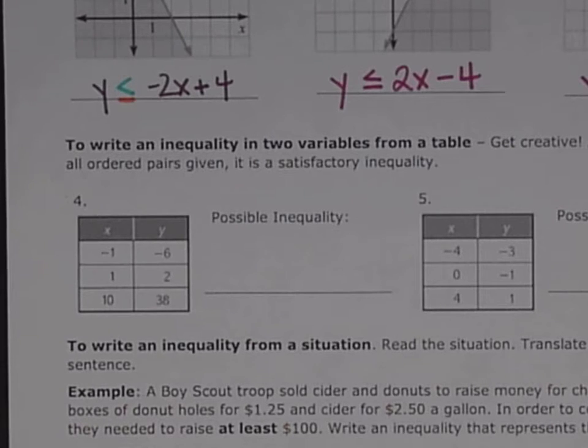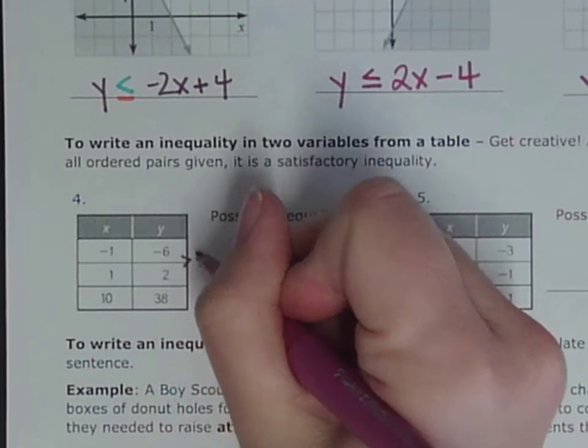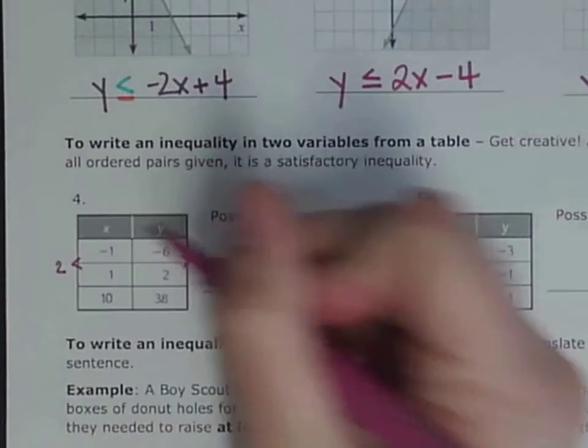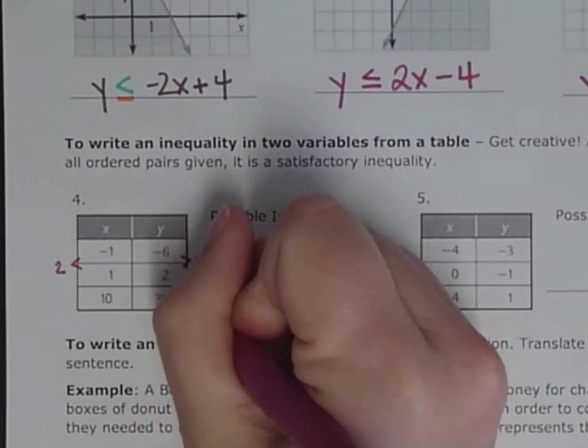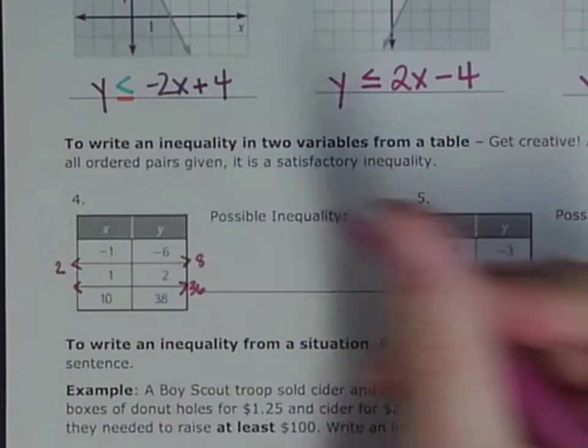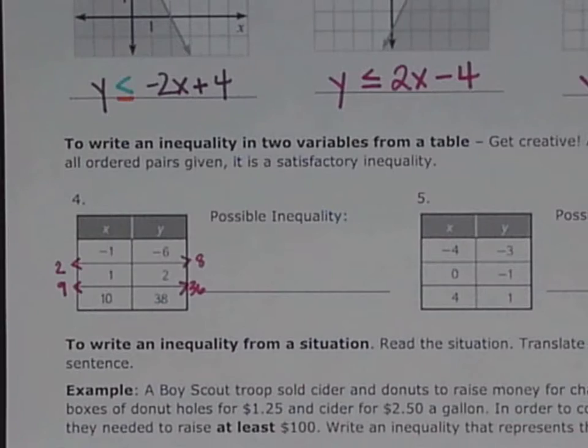You can graph the points and just make any line that you want as long as it makes a true statement. So these are linear because you have a constant rate of change.